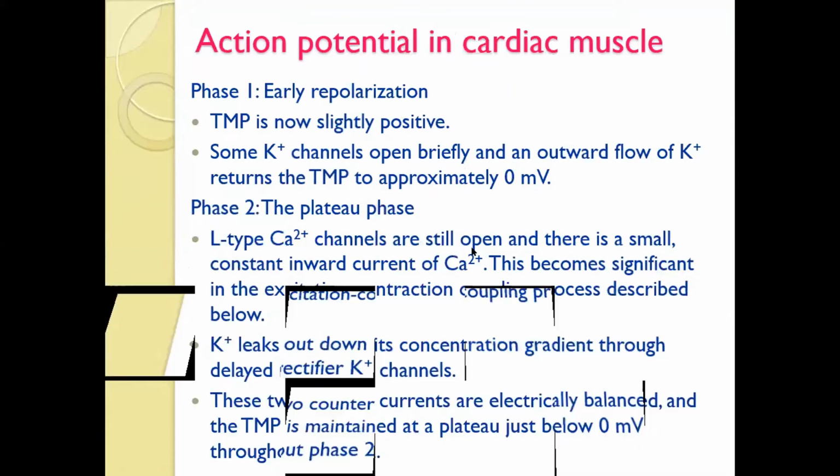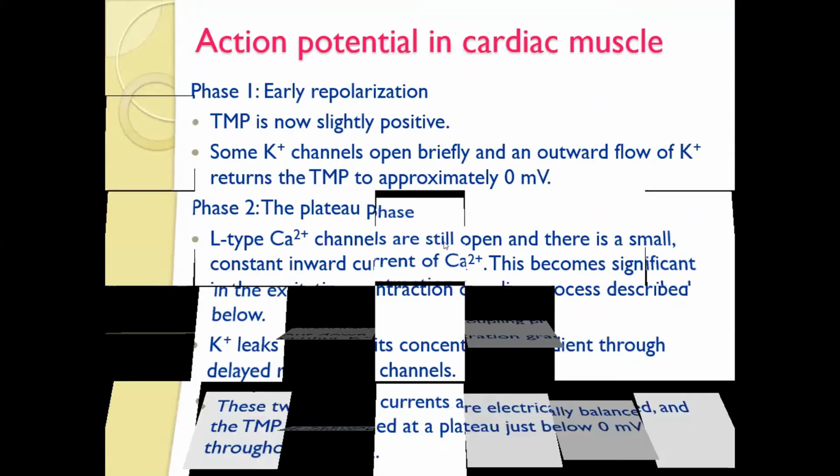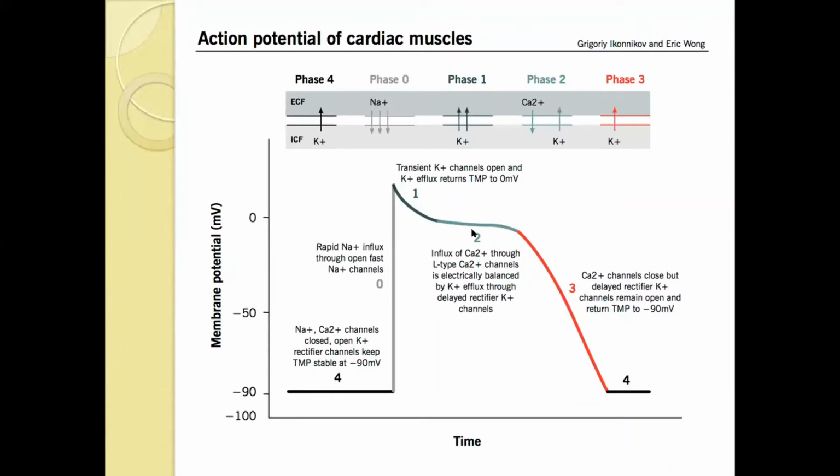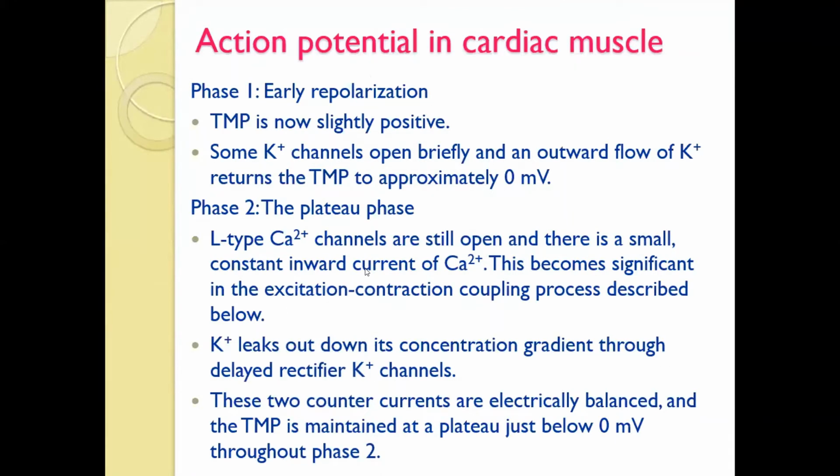Now we go to phase 2, the plateau phase. The L-type calcium channels are still open, and there is a small constant inward current of calcium. This becomes significant in the excitation-contraction coupling process.